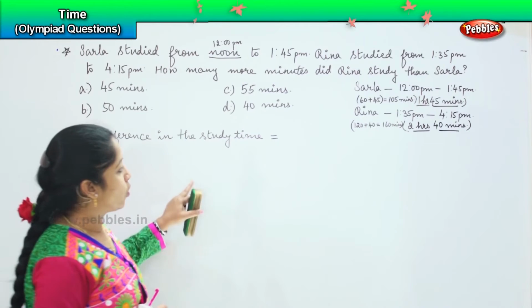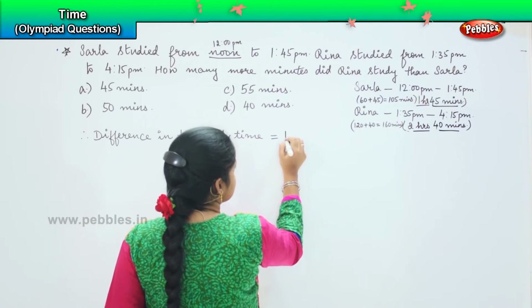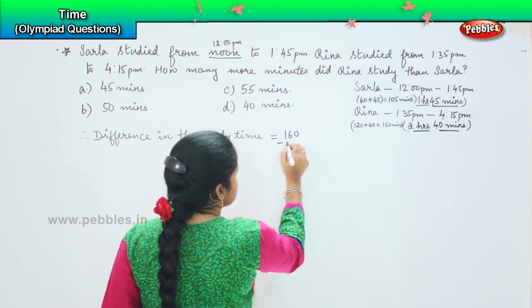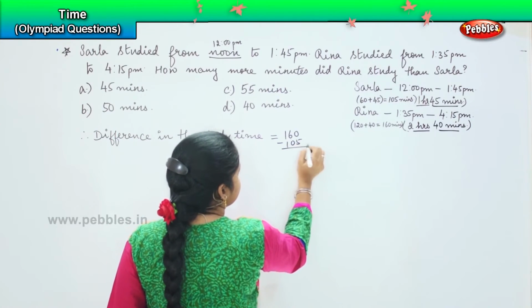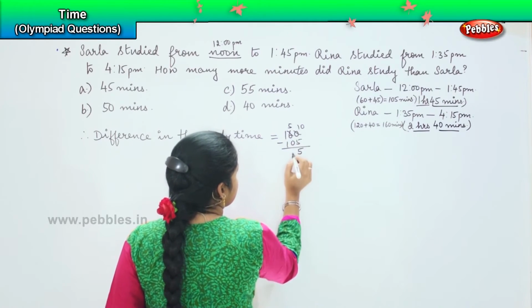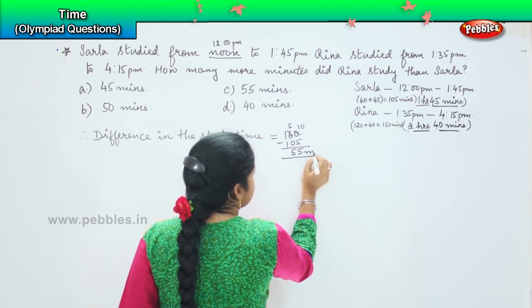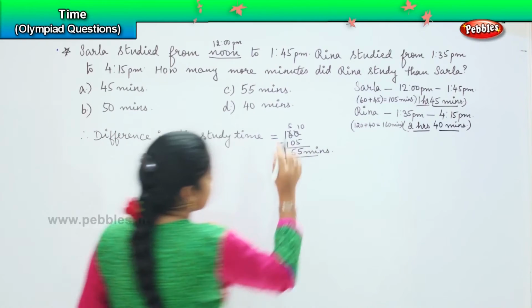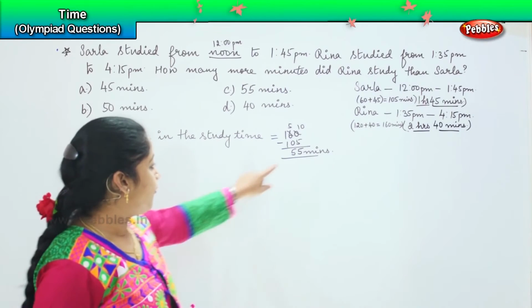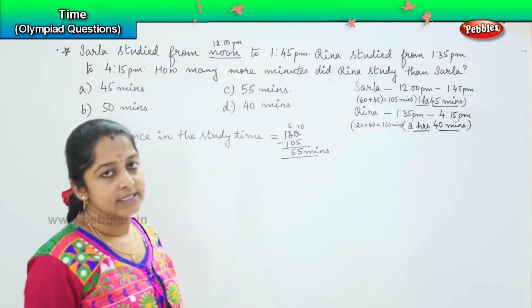Okay, so total time spent by Reena is 160 and total time spent by Sarla is 105. So 160 minus 105 is 55 minutes. Okay, so which means that Reena had studied 55 minutes more than Sarla.